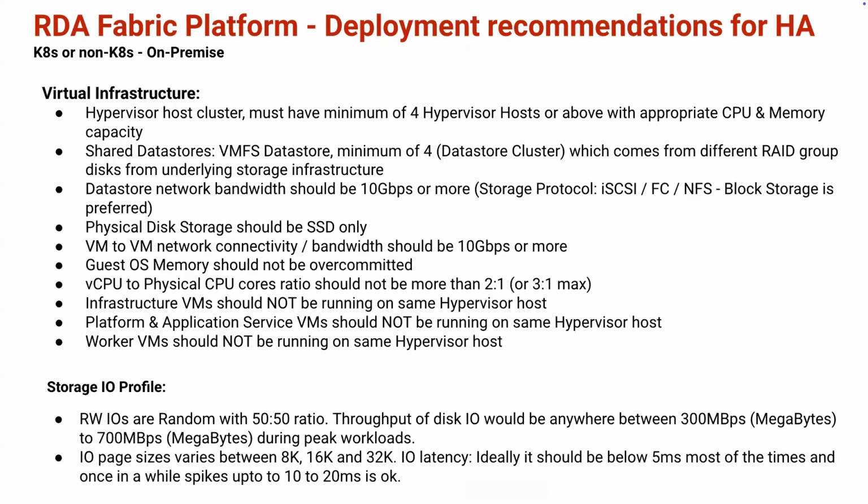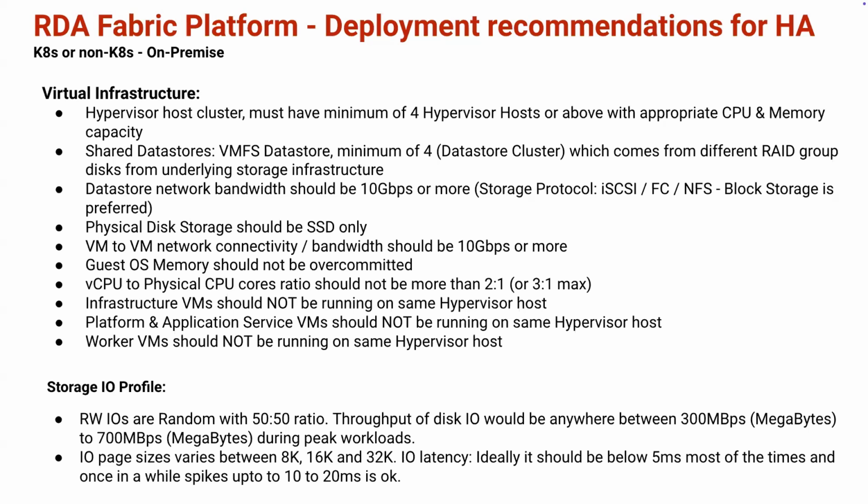When we deploy in production, let it be K8s infrastructure or non-K8s on-premise, these are some of our common recommended guidelines to make sure the application runs optimally and reliably.